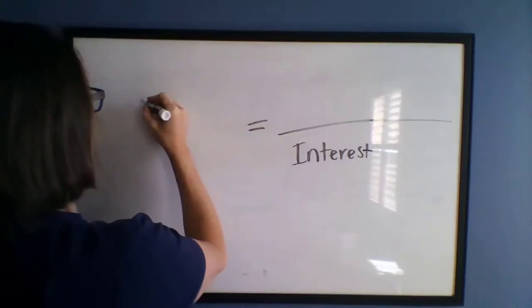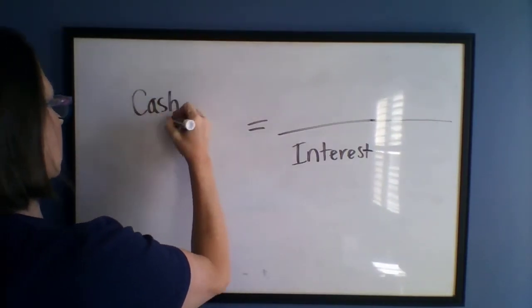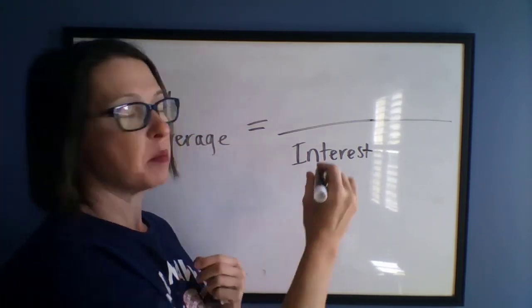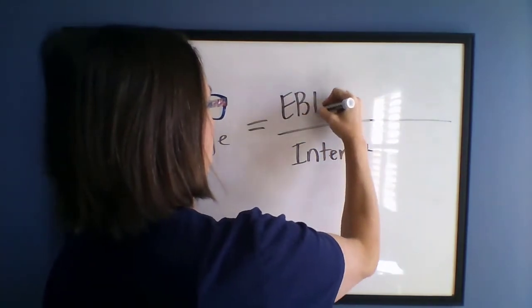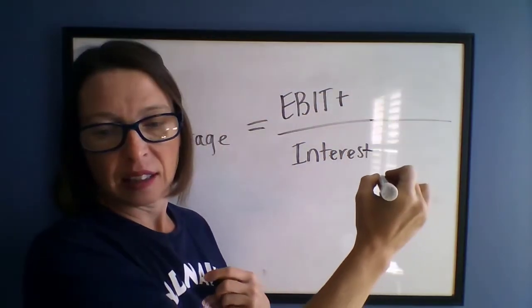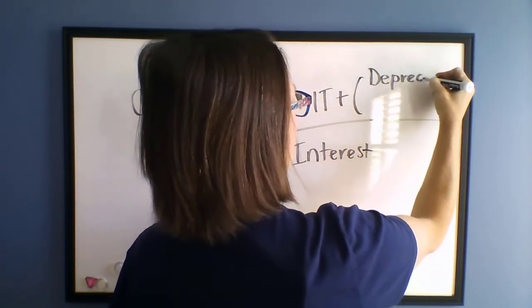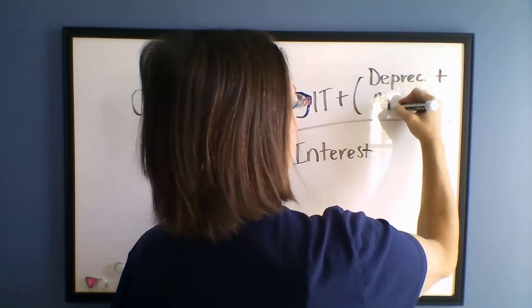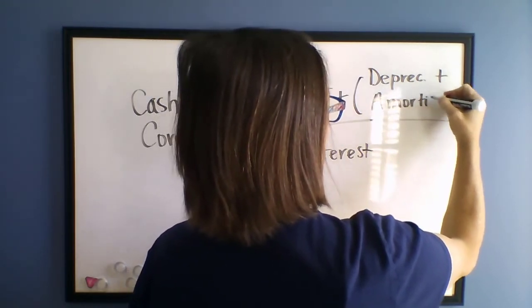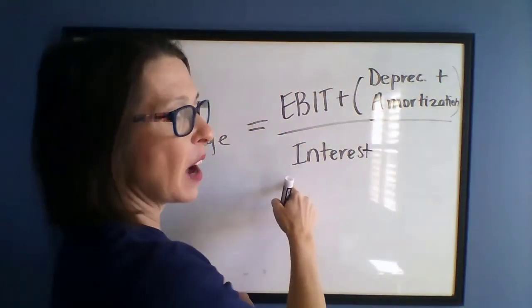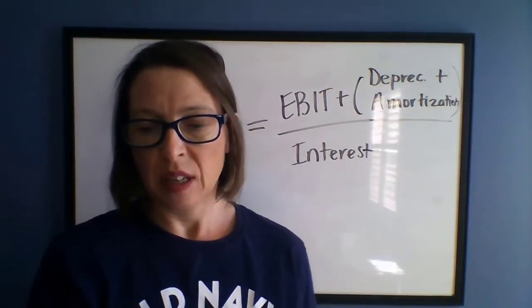The third long-term financial ratio is cash coverage. This ratio is going to be your EBIT plus depreciation and amortization, divided by the interest.